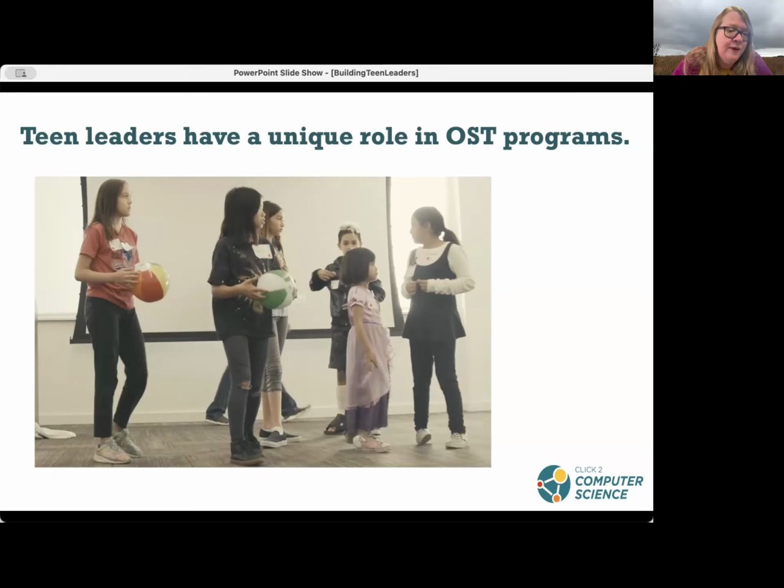We also talked about how teen leaders bring their own personal experiences to their roles as teachers or leaders. Sometimes they can come with a lot of energy and enthusiasm for the learning experience. And we want to support that and encourage that and make use of those strengths that they bring as resources.